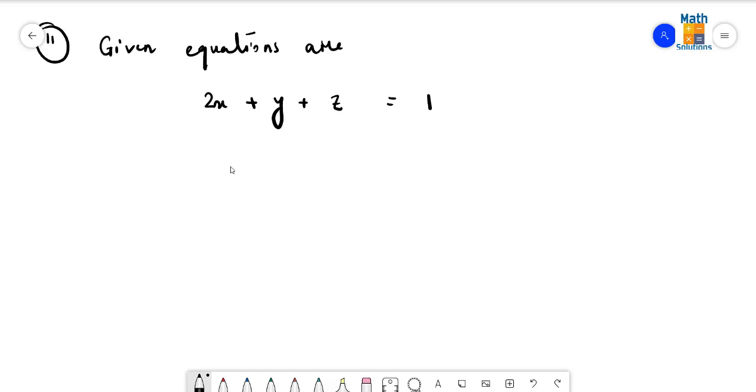Then the next equation is x minus 2y minus z is equal to 3 by 2, and then after what do I get? Thrice y minus 5z is equal to 9. So this is the system of equations given here.